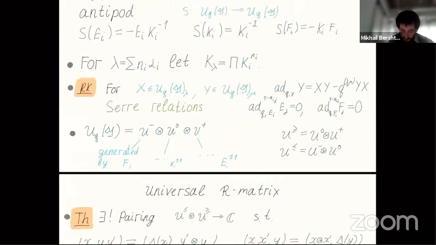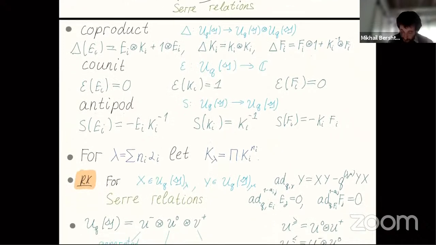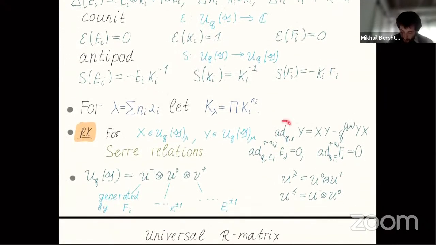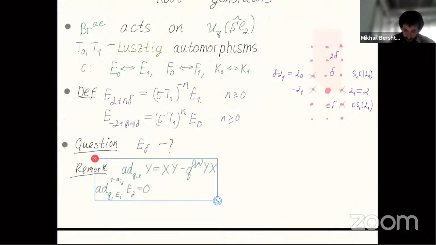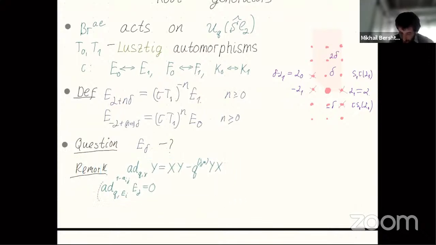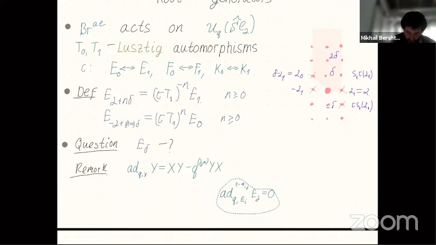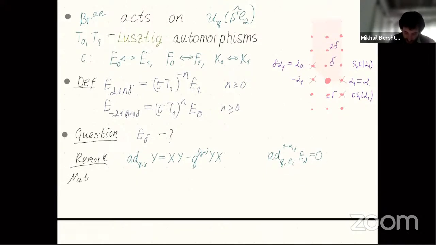Let me copy this. So the serial relations are given by this formula. So it is natural to think that E delta is given by ad Q E1 applied to E0.